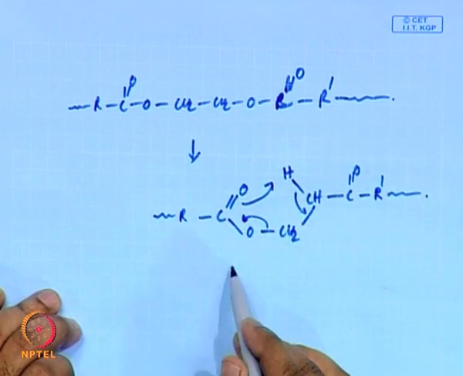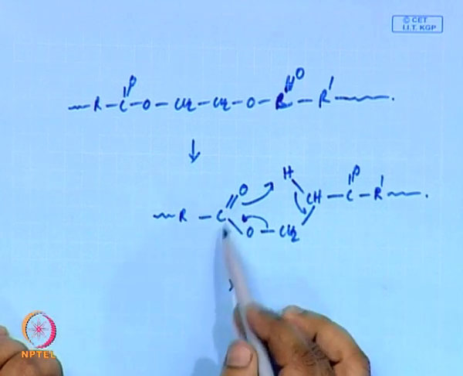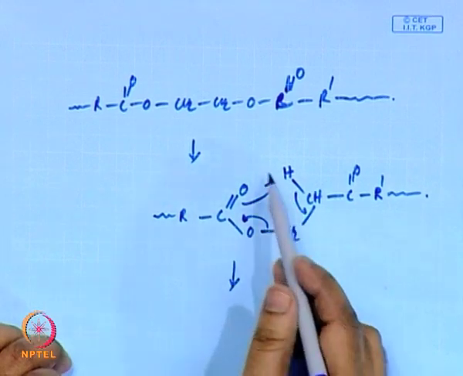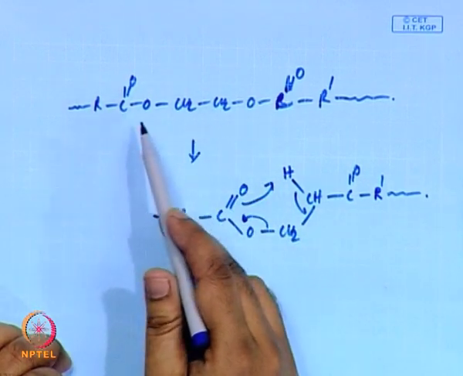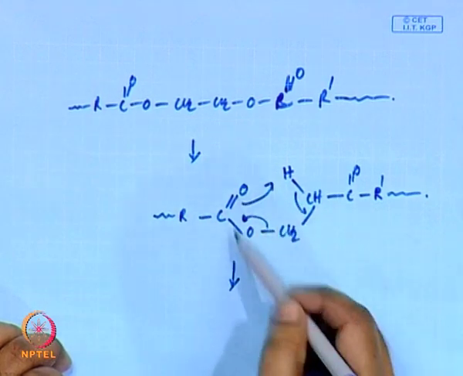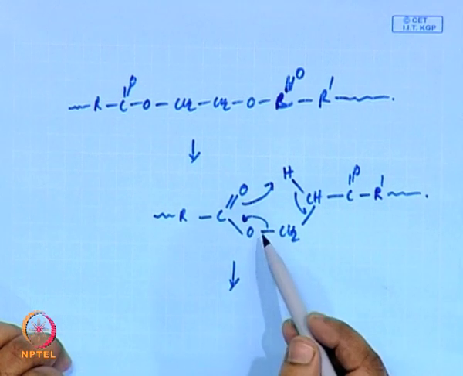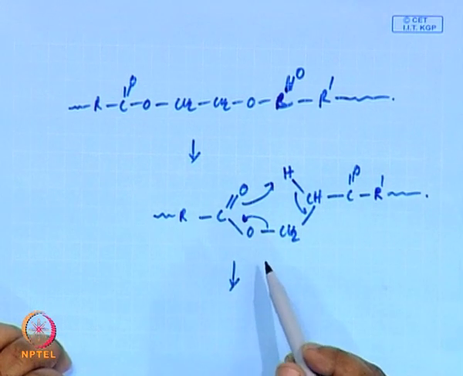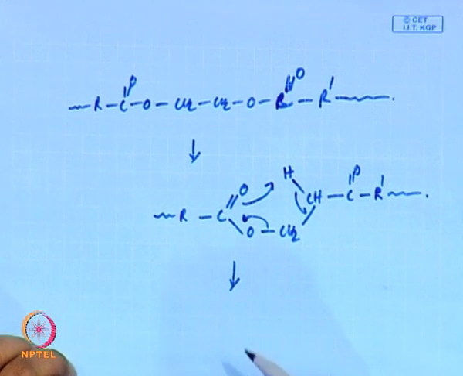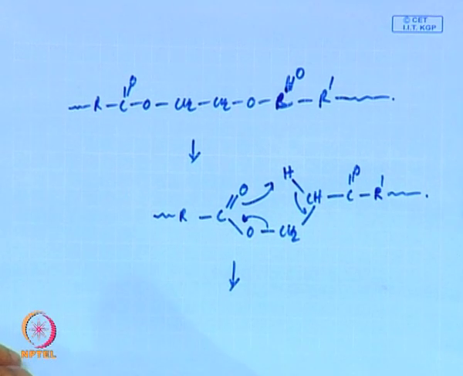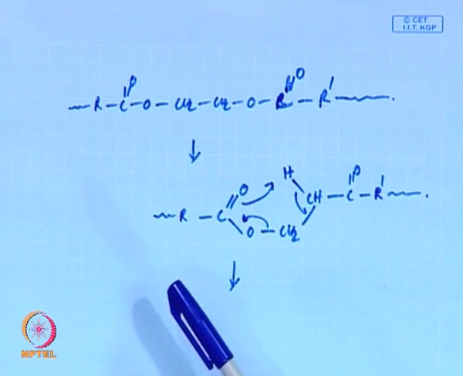With this you can generate a free acid group and an alkene group here. This is very common if you have a beta hydrogen present, then by a 6-membered concerted reaction it might do a side reaction and you can end up getting new functional groups or new products which might give you color at the end of the reaction. So, that is one example.